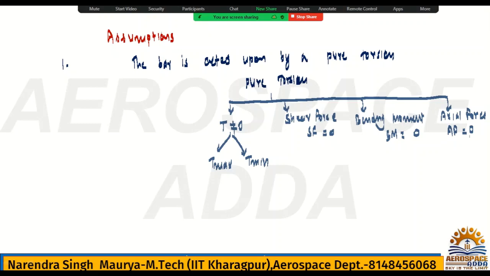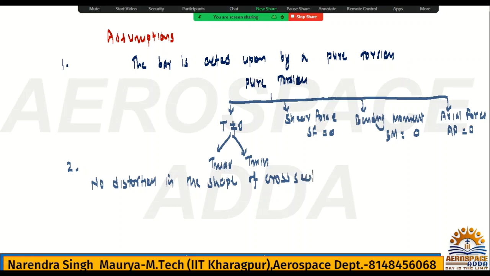What is the Euler-Bernoulli assumption for this? First, you have written it is for pure torsion. Second, no distortion in the shape of cross section after the torsion.